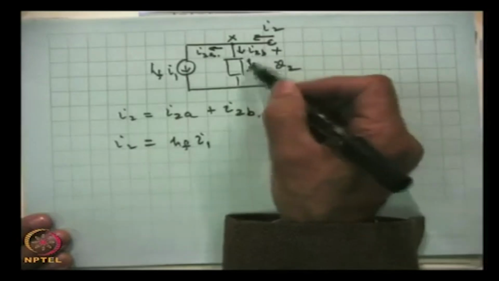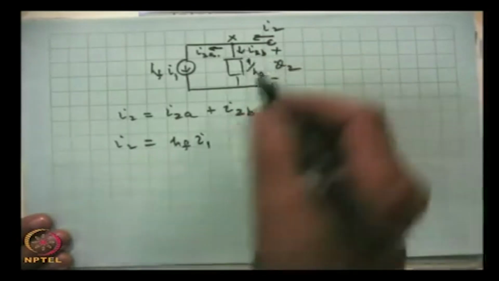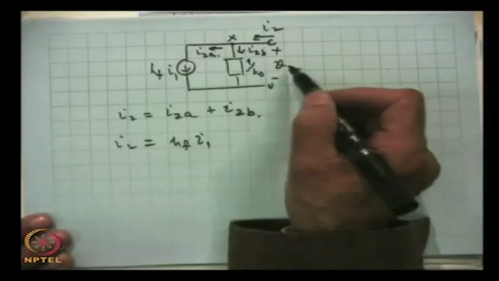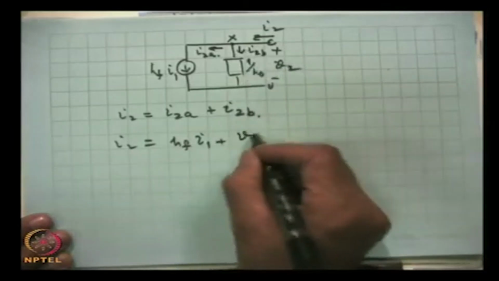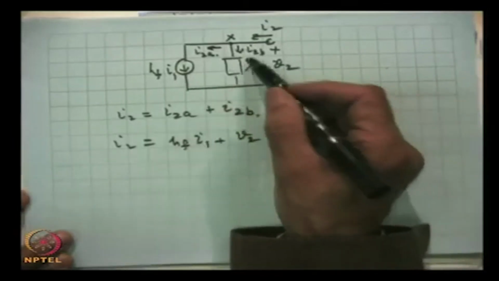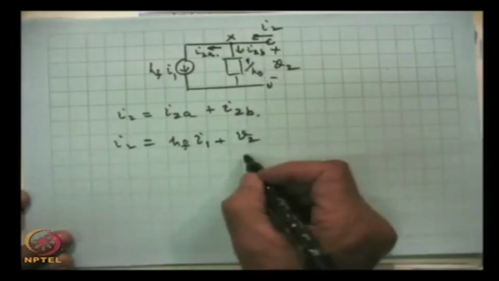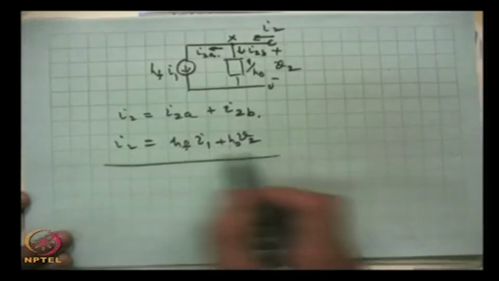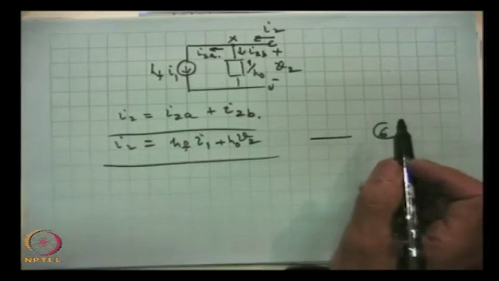If this is the impedance, then what will be the current here? You know that if the voltage V2 is there, then the current is V2 divided by this impedance, that is 1 by H O. So, H O V2 will come here, and this is exactly what equation 6 is.